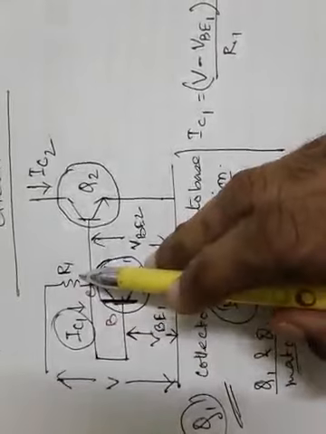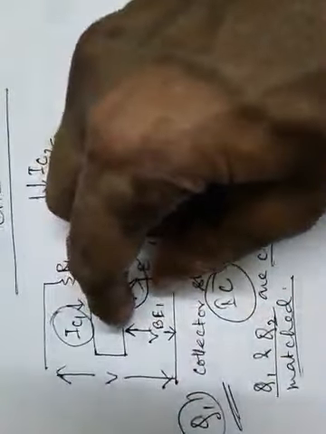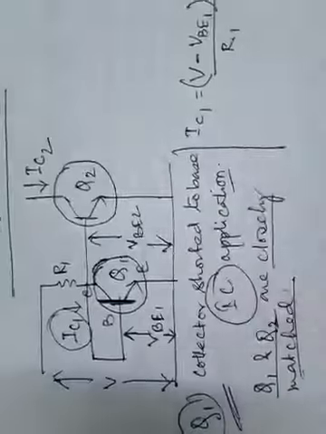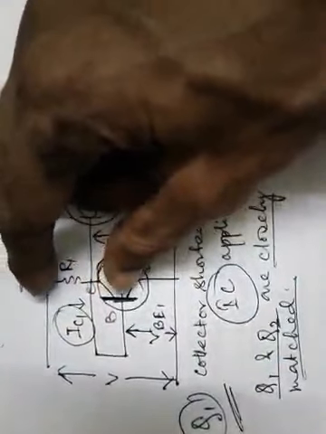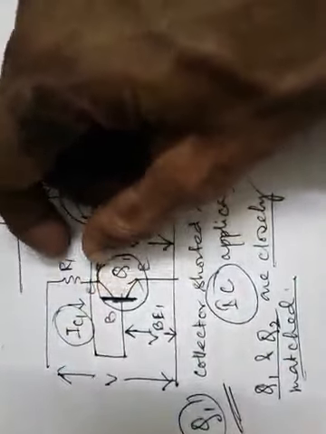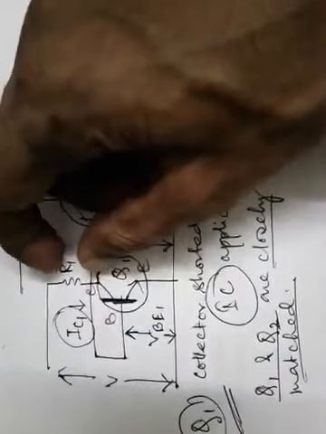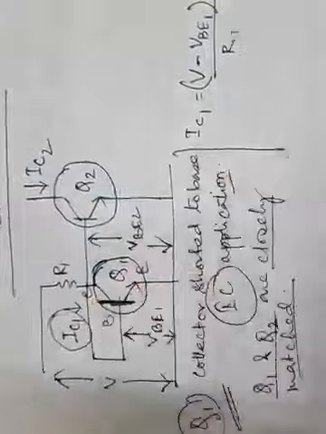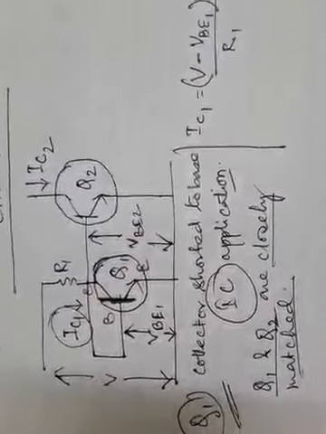R1 is this resistance. This V minus this voltage is the voltage across R1, and that voltage divided by R1 means the current through it. So that is IC1, which is shown over there.